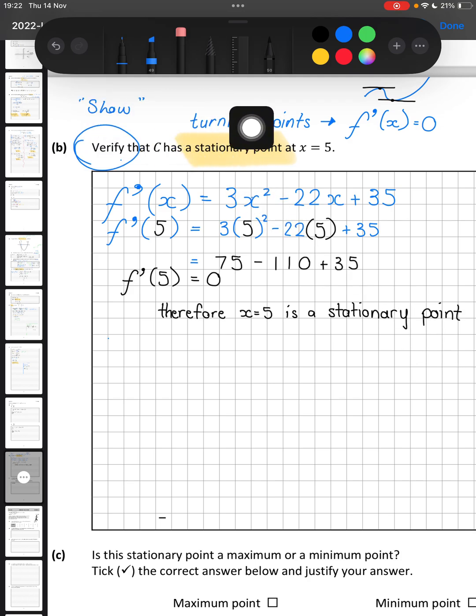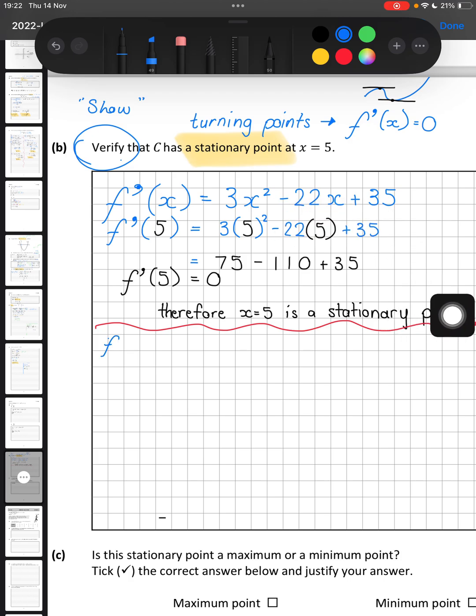So we need to look at this and say, what are our stationary points? Our stationary points are when the derivative is equal to 0. So I'm literally doing this out again here, as a way that you probably saw more likely, because it's a way that we've done it in class multiple times. We're going to let f dash of x equal to 0.